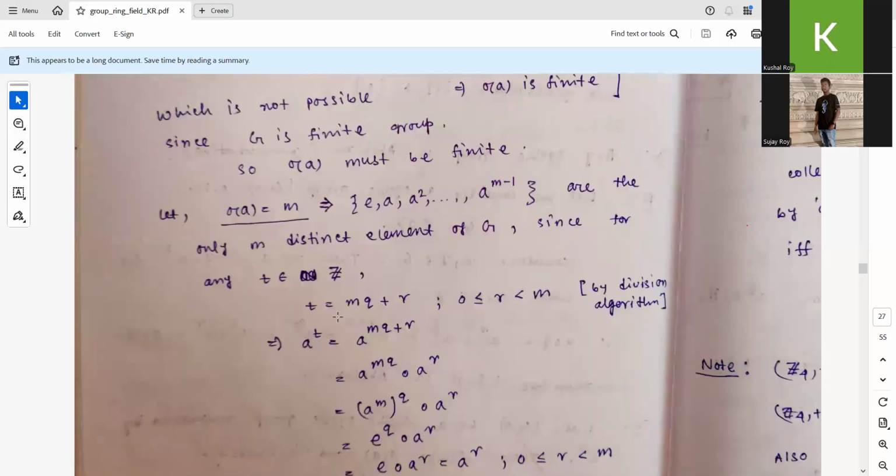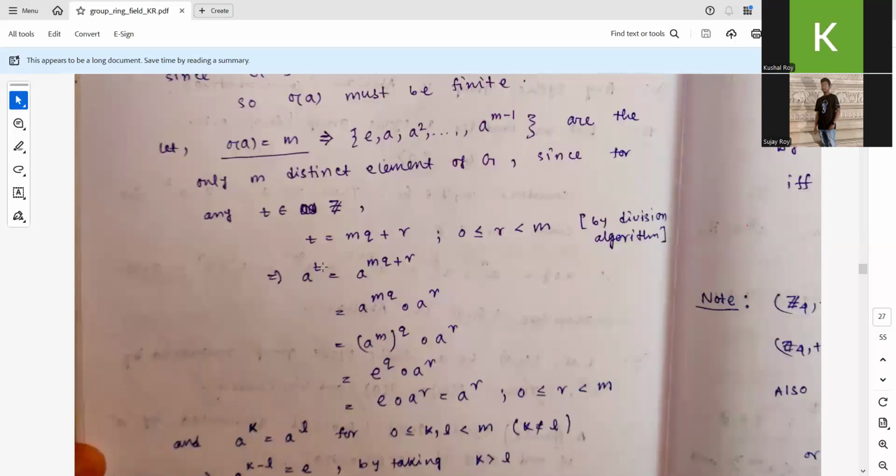Why? Because if you consider any power of the element a, you can get only these m elements, not more than that. Let us prove this. Let t be any integer.